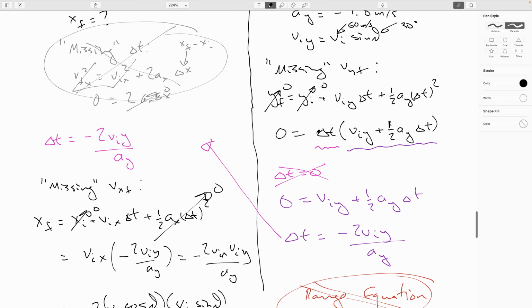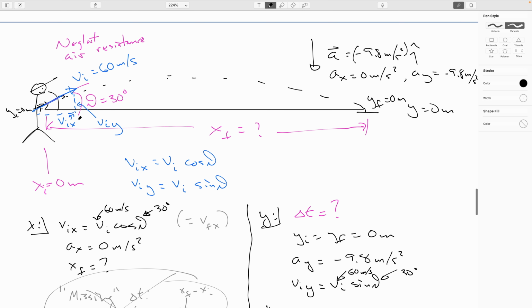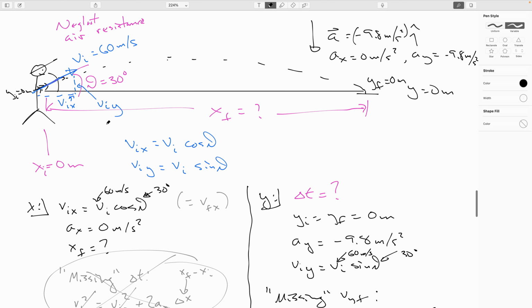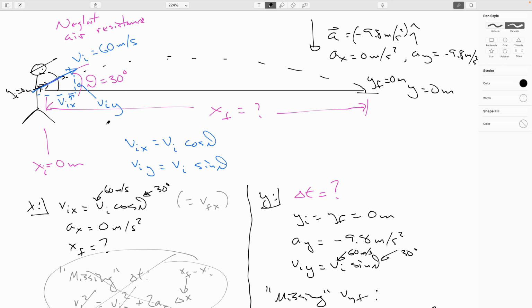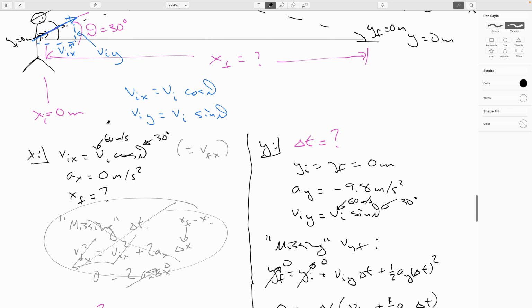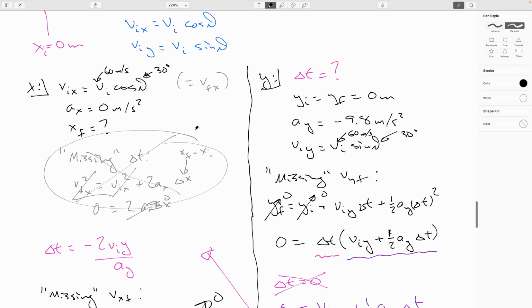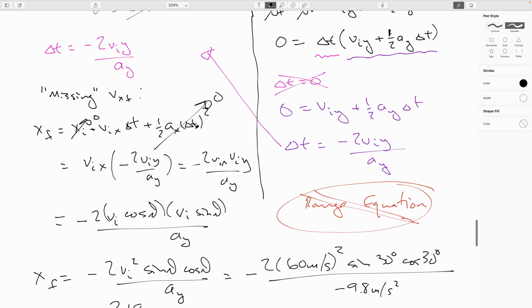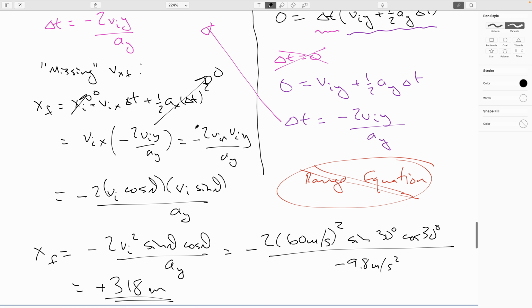There's a really good reason for that, and that is, what if I had told you that the initial height wasn't 0? The range equation, if you've ever run across it, is very specific to the idea that the initial and the final heights are 0. And it's just so easy to tweak the problem so that that doesn't work, that I am a big fan of not ever using the range equation.